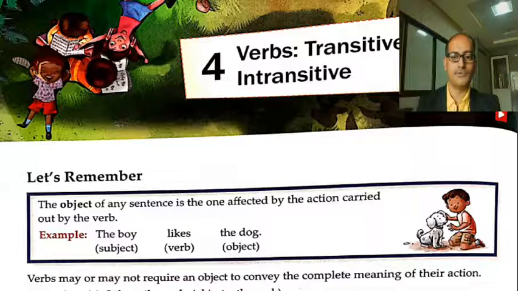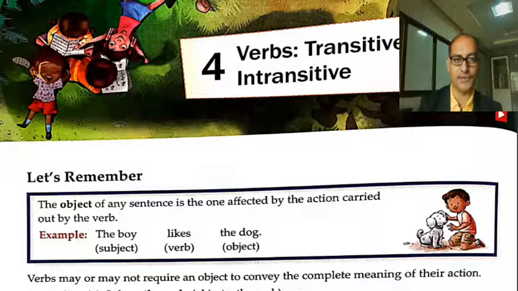The object of any sentence is the one affected by the action carried out by the verb. So what is object? Object is that part of a sentence which is affected by the action of the verb.